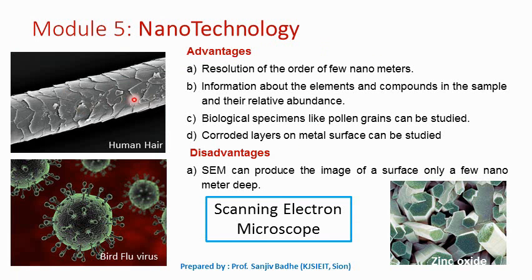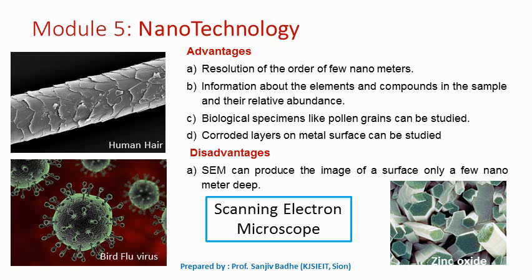These are some of the images obtained with a scanning electron microscope. This is how human hair looks when seen under the scanning electron microscope. This is an image of bird flu virus, and this is how zinc oxide looks when seen under a scanning electron microscope.